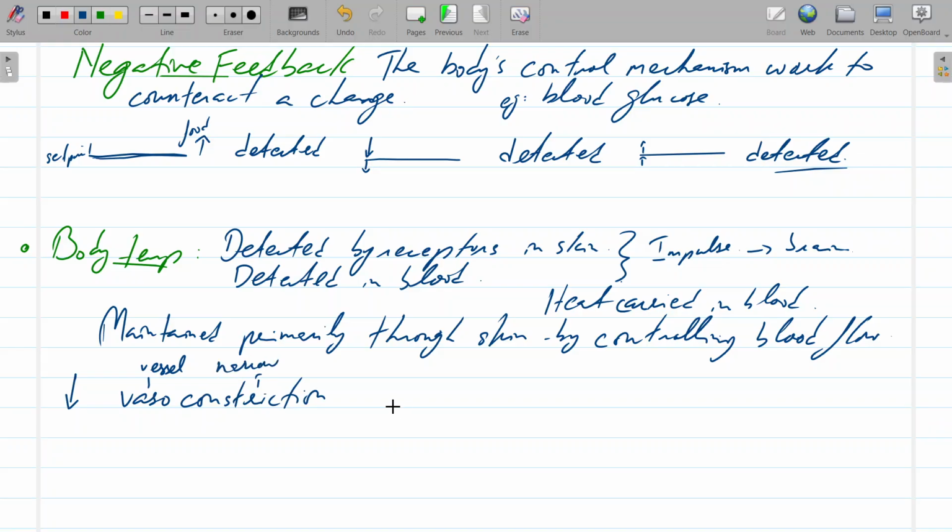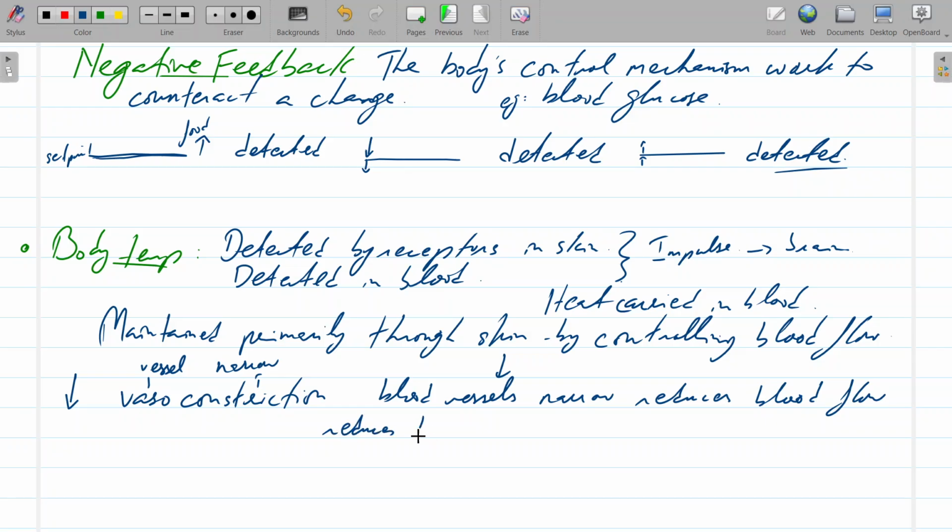And so the blood vessels near the skin narrow, that reduces blood flow, which reduces heat loss through the skin. And so more heat is maintained and retained within the body.